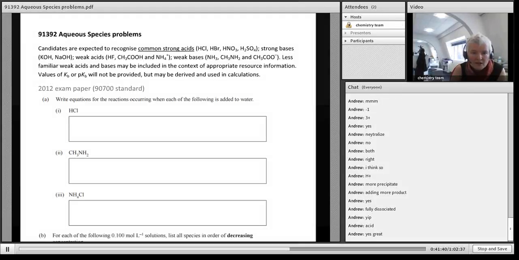There. Okay. So, whenever you get this sort of thing, what you need to check is: is it a strong acid? Is it a weak acid? Is it a weak base? Or is it a strong base? Those are the four things you look at. The other thing you then look at is: is it a salt?